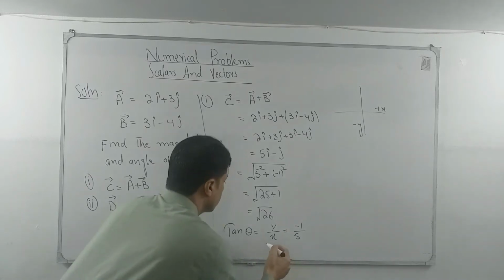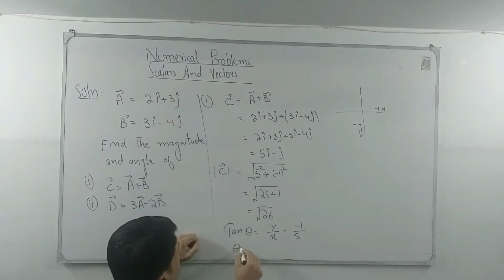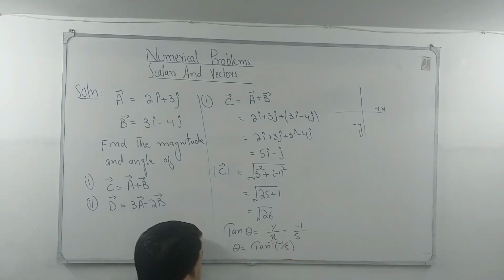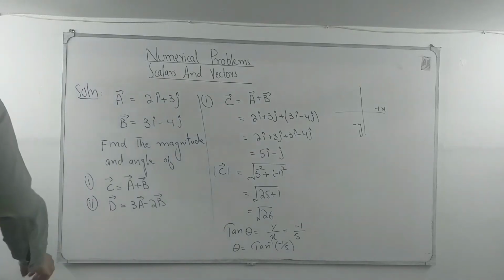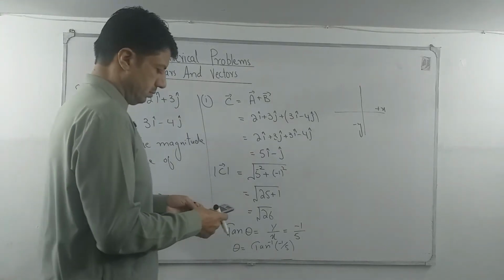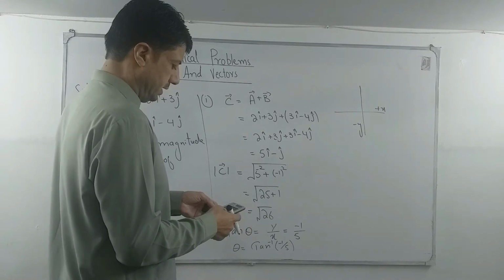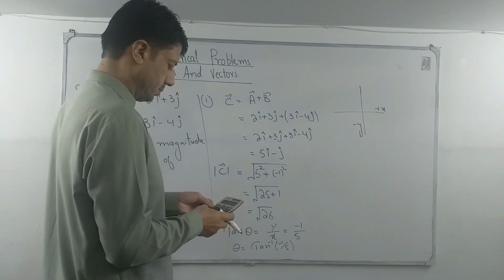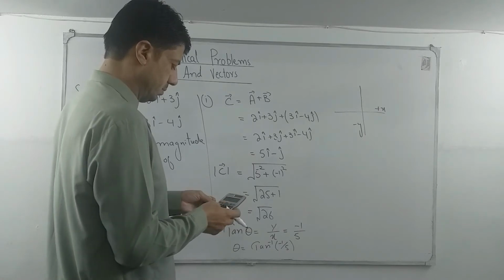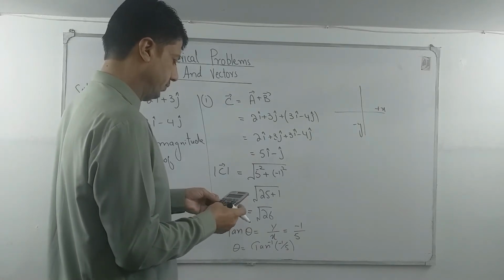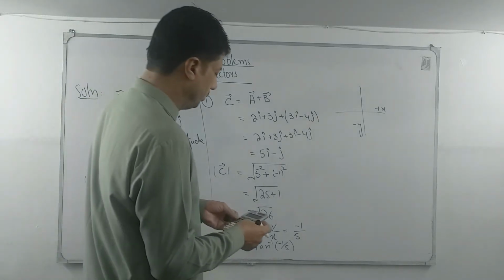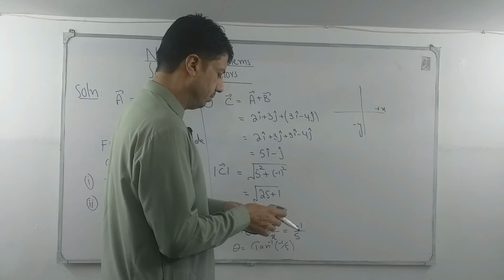So theta is equal to tan inverse of minus 1 upon 5, and we will get the answer. We are getting the answer which is minus 11.30. Okay, if we don't put the minus 1, then we will get 11.30.